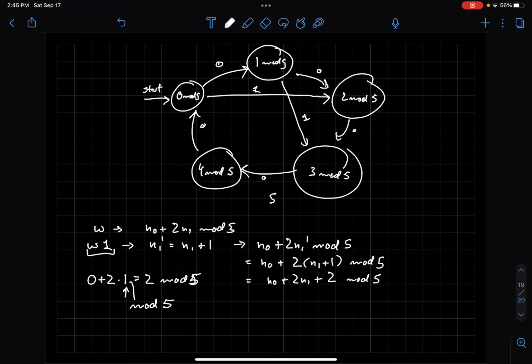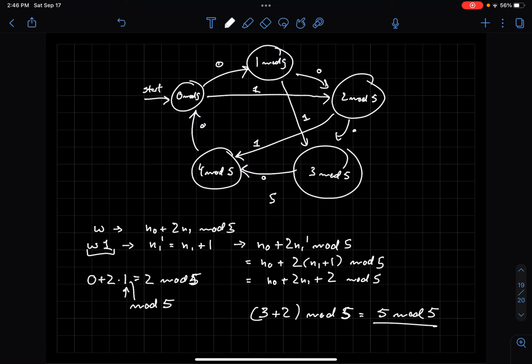Then from 2 mod 5, if I read a 1, I go to 4 mod 5. Is that right? Yes. Okay. Then for 3 mod 5, now I need to be careful. If I read another 1, then I go from 3 mod 5 to 3 plus 2 mod 5, which is 5 mod 5. This is asking, what's the remainder when I divide 5 by 5?